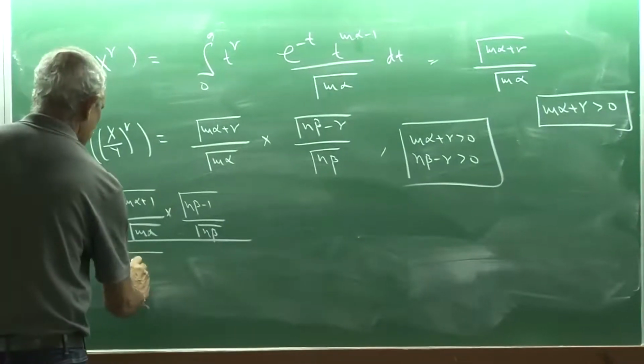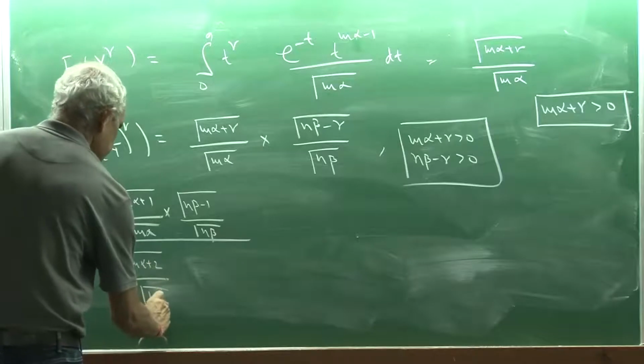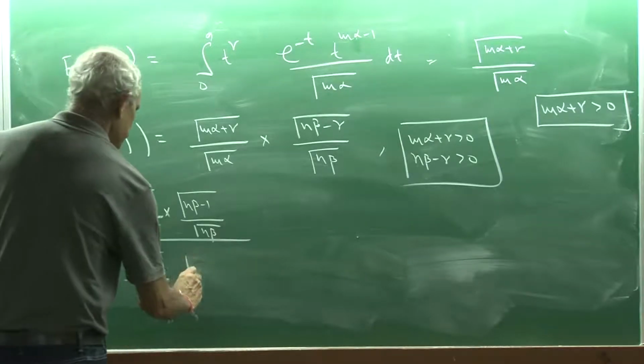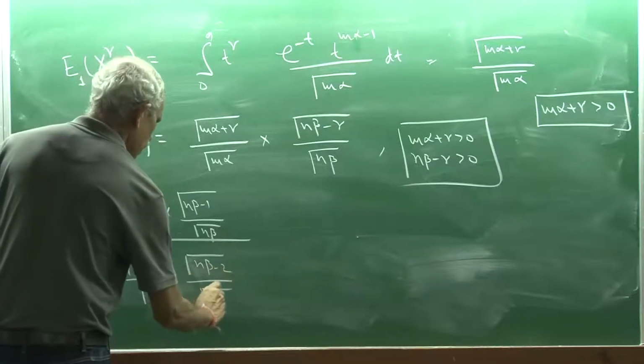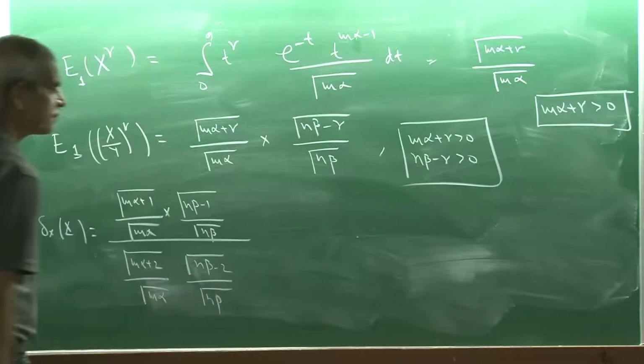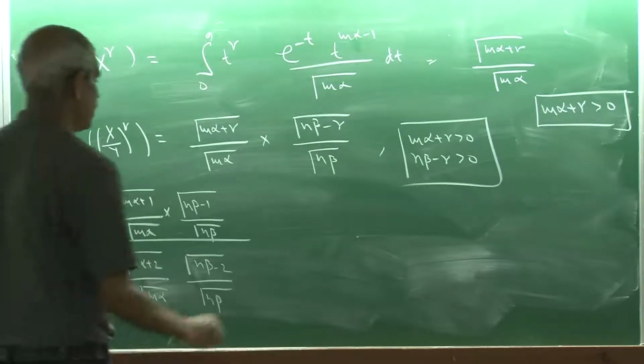So gamma of m alpha plus 2 by gamma m alpha, gamma n beta minus 2 by gamma n beta, and then delta naught xy, which is nothing but what I have taken to be x by y to power r, which is summation i equal to 1 to m.